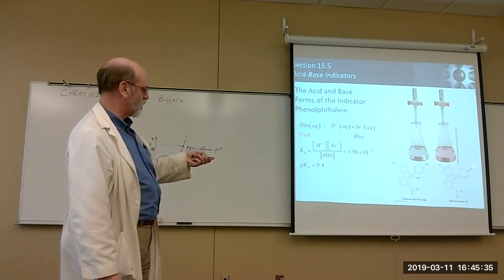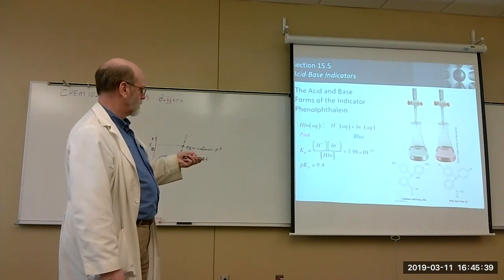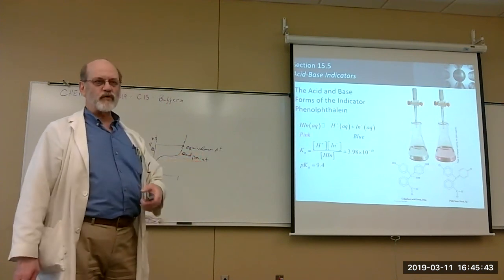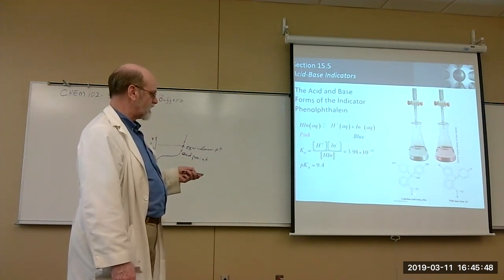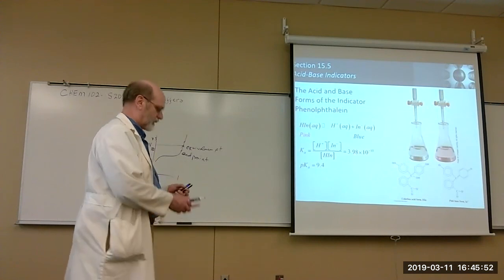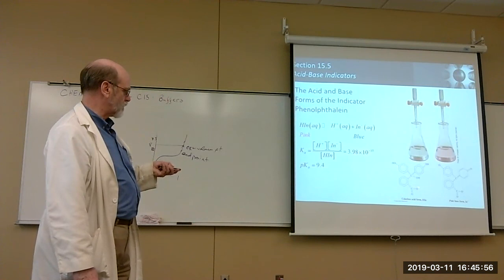This is the basic form or the pink form, the indicator negative. And this is what we call the protonated form, the one that exists when there's a lot of acid around. Okay? But that's not even the right structure. There should be a proton right there.